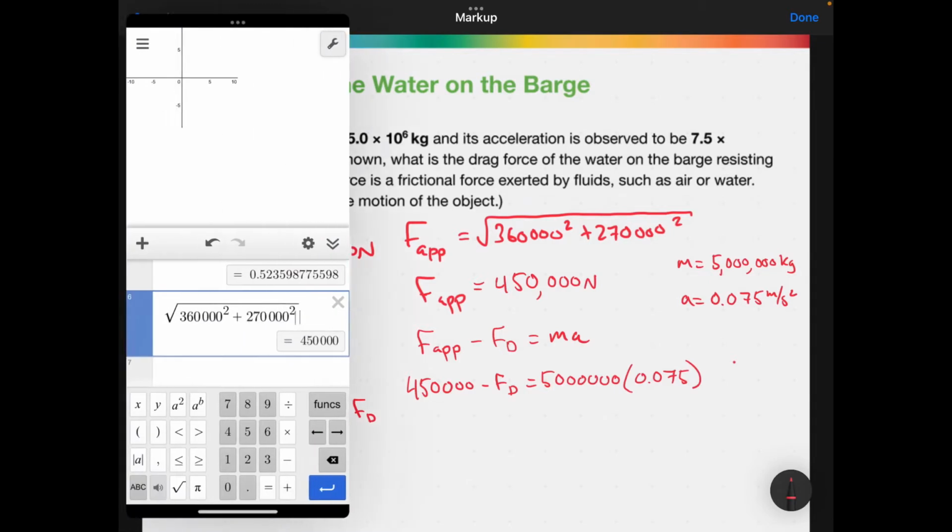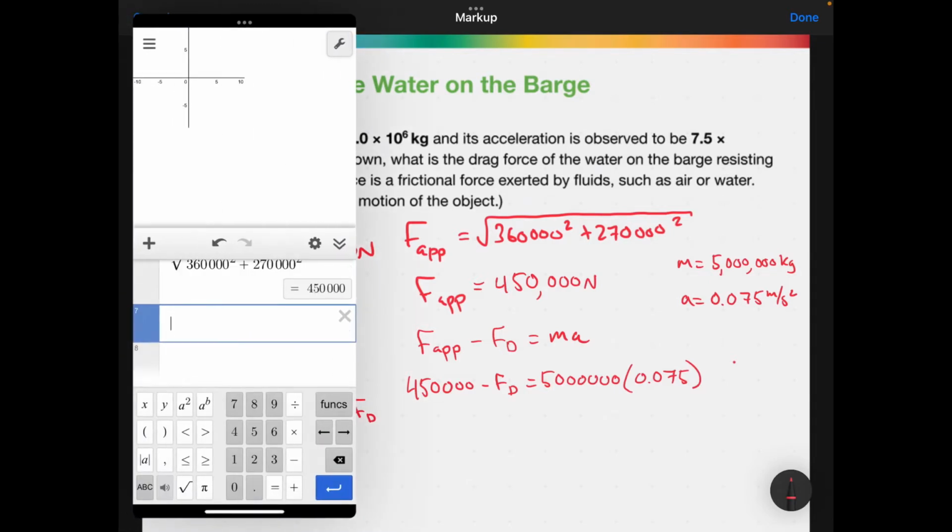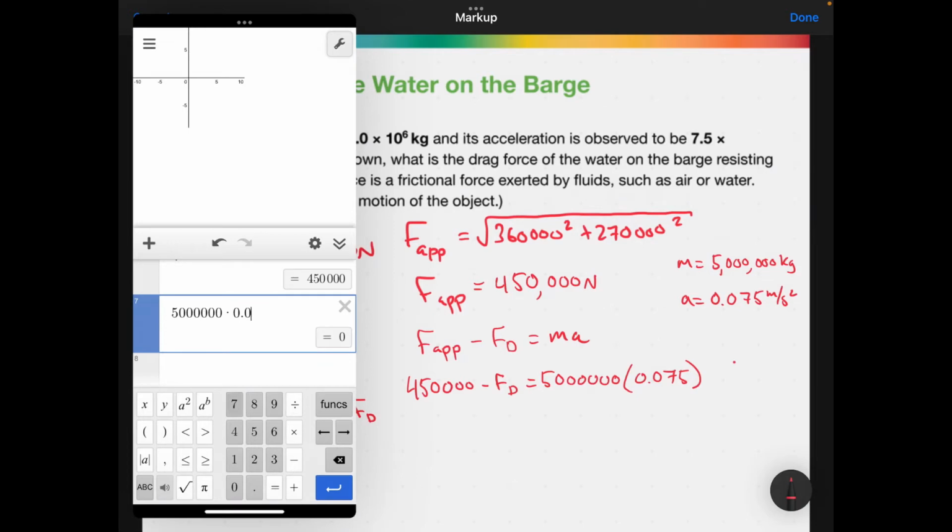So, forgot which side my calculator was on. There we go. So 5 million times 0.075 is 375,000.